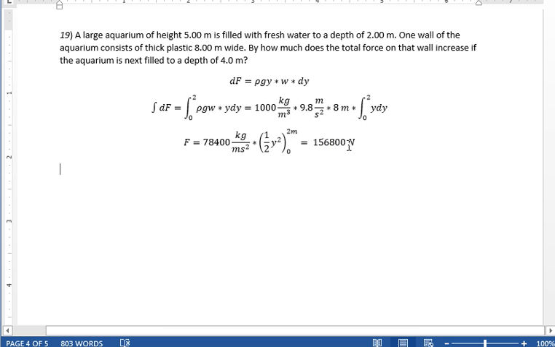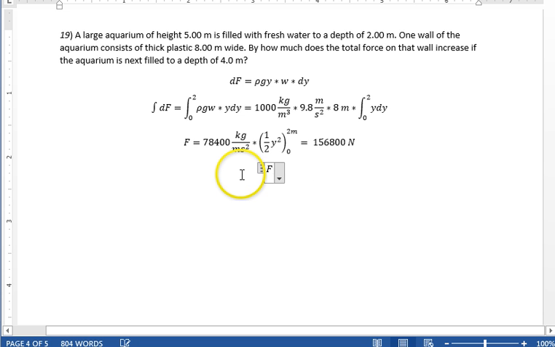And the question is, how much does it increase if we go from 2 to 4? When we go from 2 to 4, the upper limit is going to end up being 4. This y should be thought of as the depth. We went from 0 down to 2, now we're going to go from 0 down to 4.